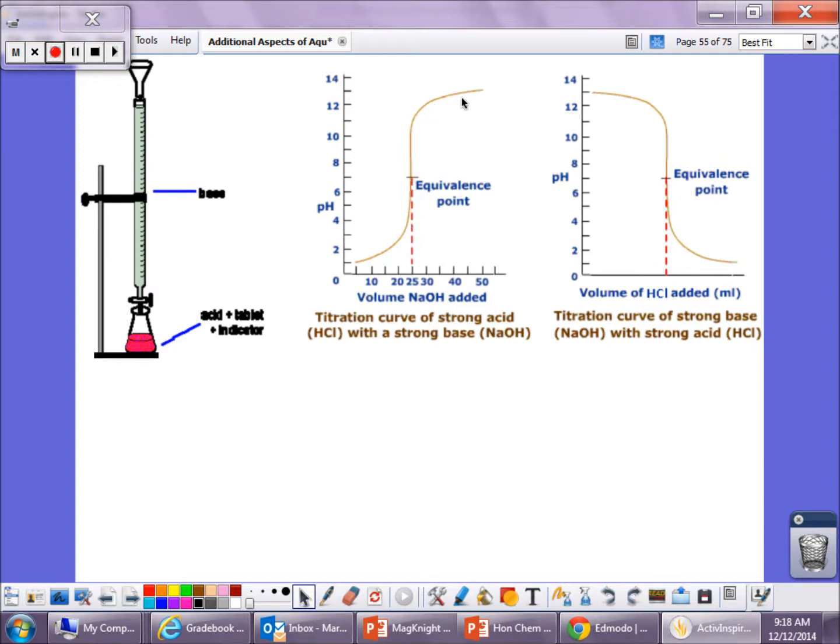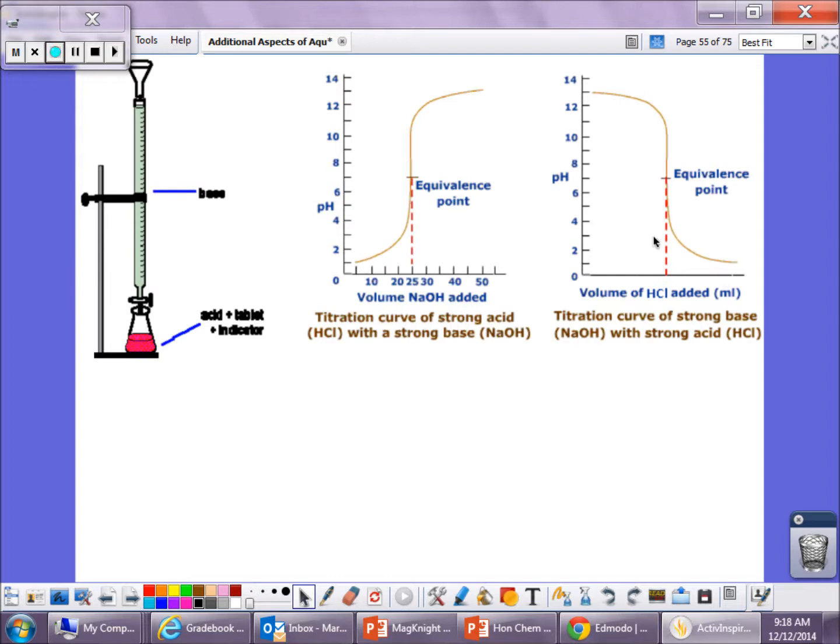When you get to this point here, you have already neutralized all your acid, and then you have excess base. So the pH of that solution will depend on the excess base you have in that graph. So it depends on the shape. You should be able to know if you have a titration of a strong acid versus a strong base, or a weak acid versus a weak base.